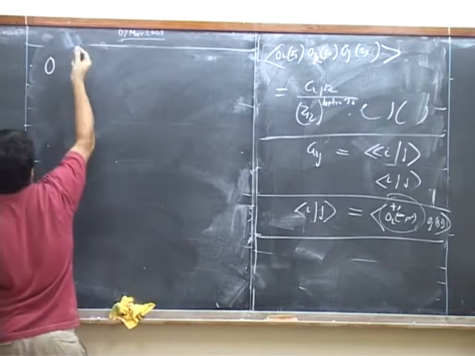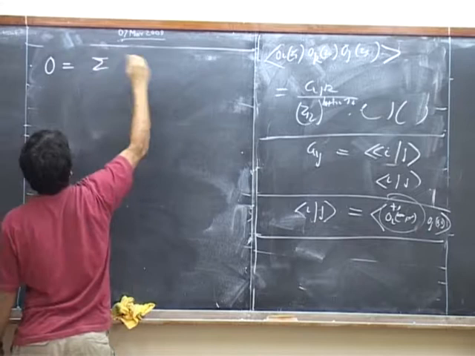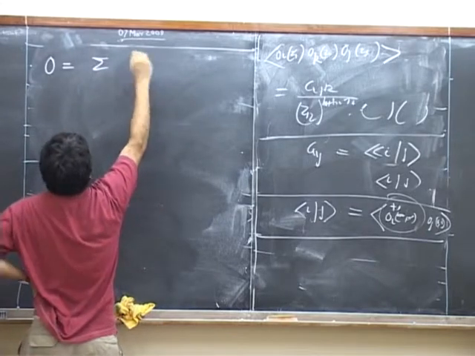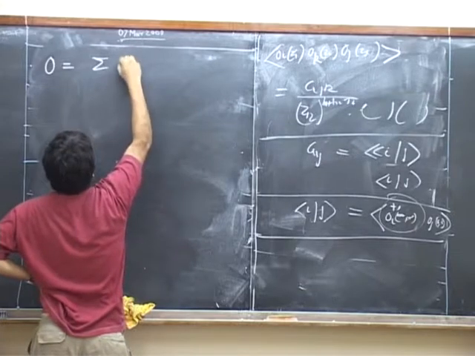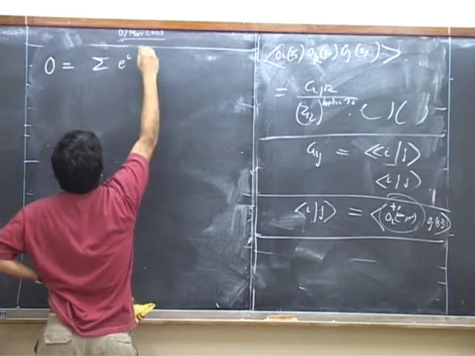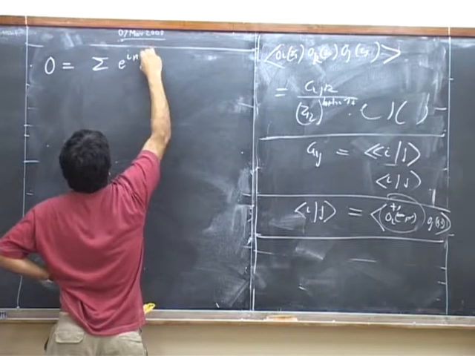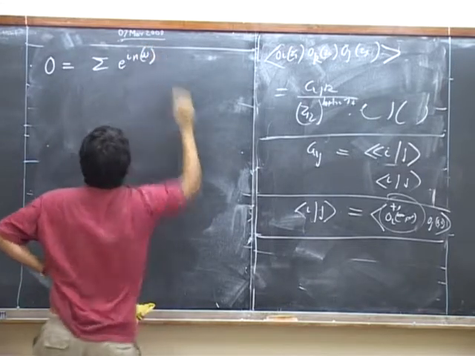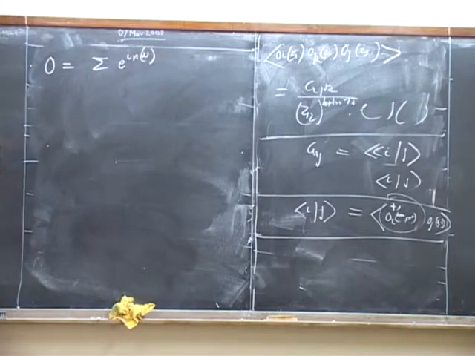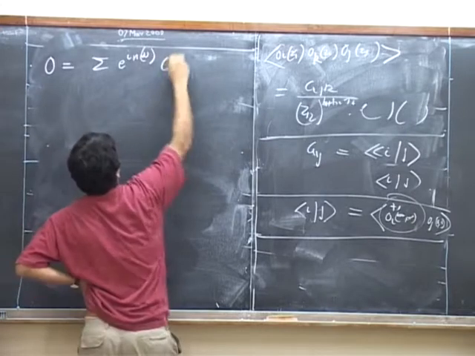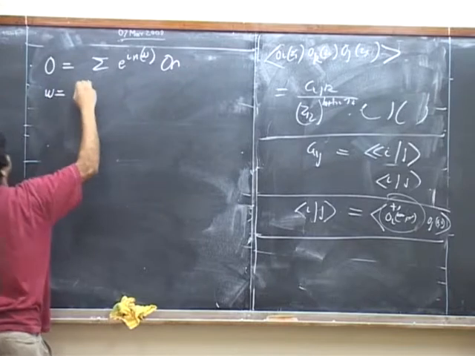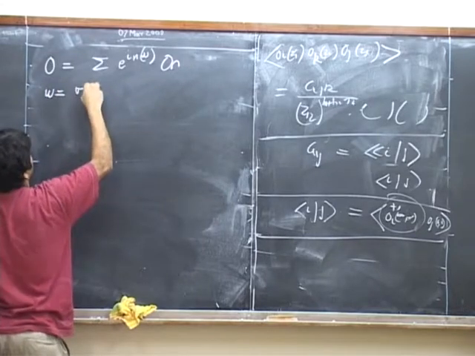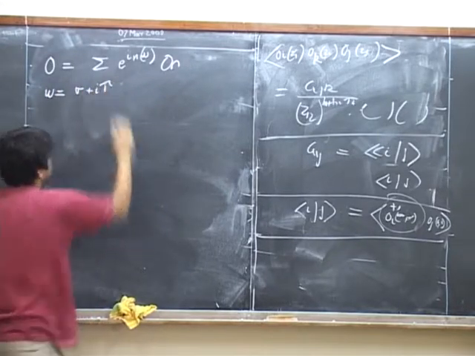Suppose there's a certain classical function O, which is expanded in W coordinates, like e to the power I n W, where W is equal to sigma plus I tau.